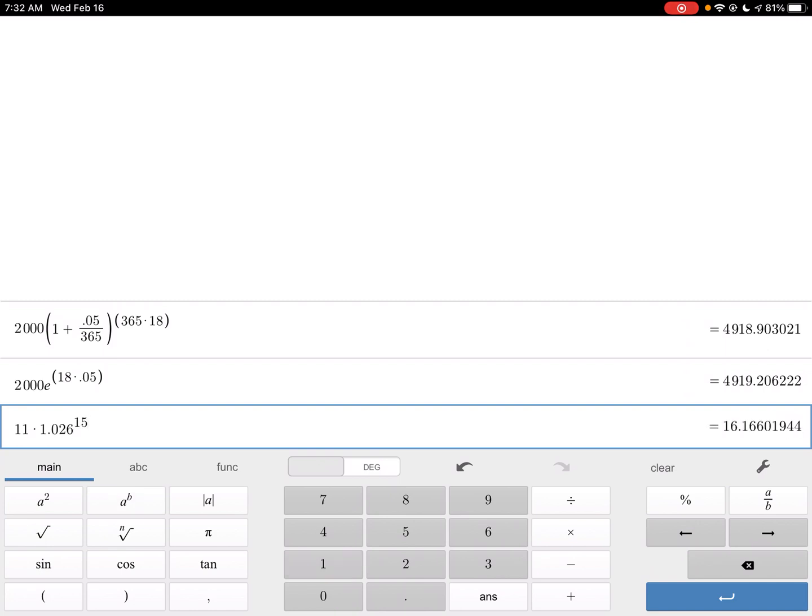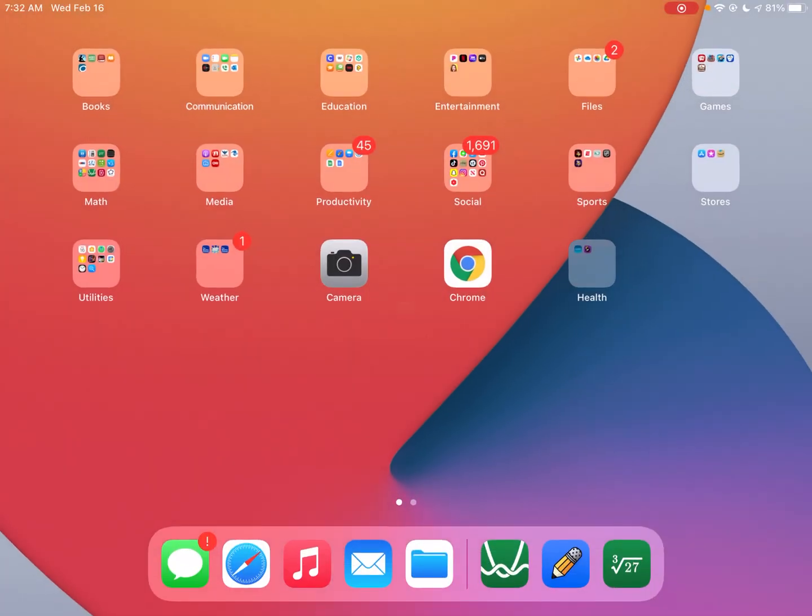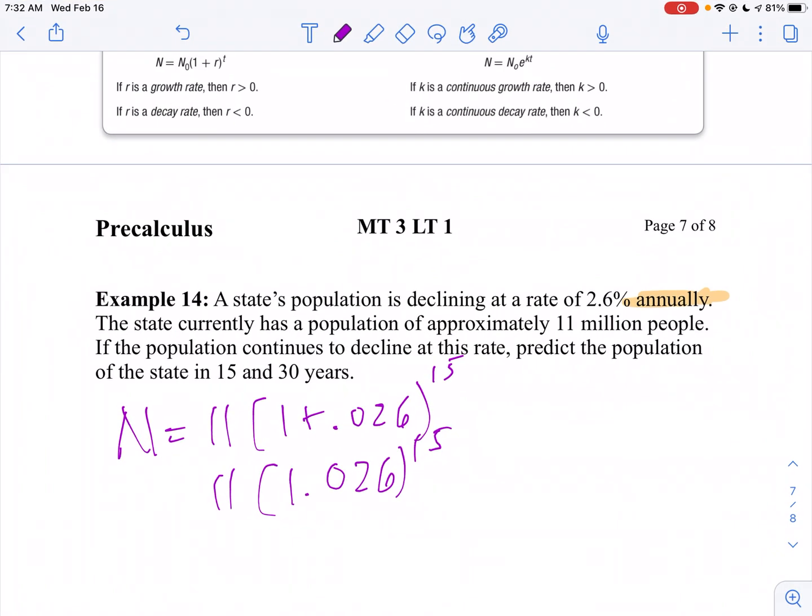So I'm going to get about 16 million, 16,166,019. So 16,166,019 people is what the population would be if, oh, hold it. Sorry about that. It's declining, isn't it?